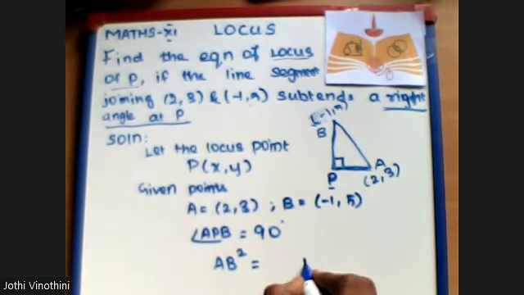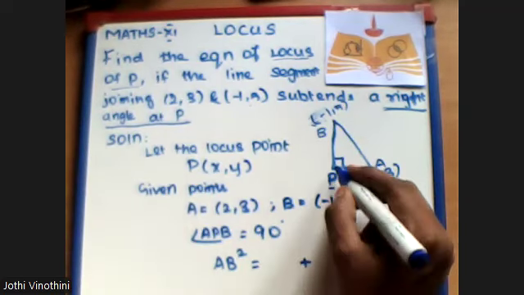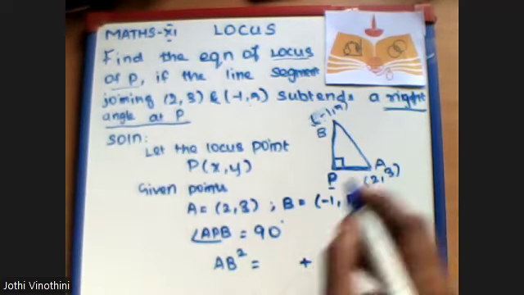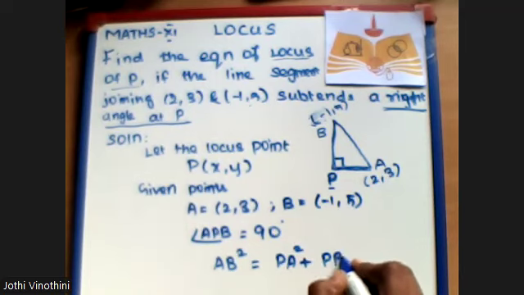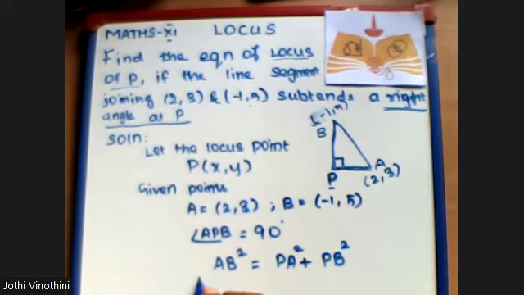I am slightly rewriting this: PA square plus PB square equals AB square, right? I will give you 1 more minute to copy this, okay? Then we will move to the next step.